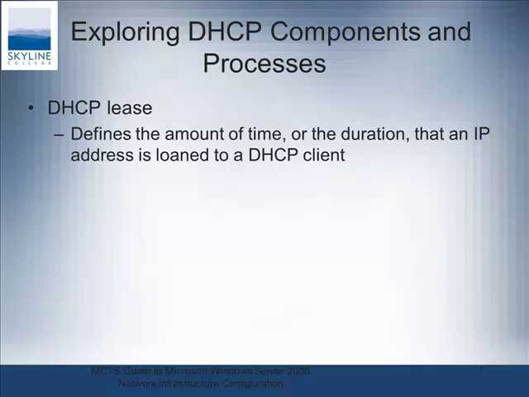But the lease defines the amount of time or the duration that an IP address is loaned to a DHCP client. What's your lease time on these machines? Go to the command prompt, do an ipconfig /all, and tell me what the server name is and how long the lease is good for. When did you get the lease? The lease is due this morning at 7:50 a.m. Yeah.